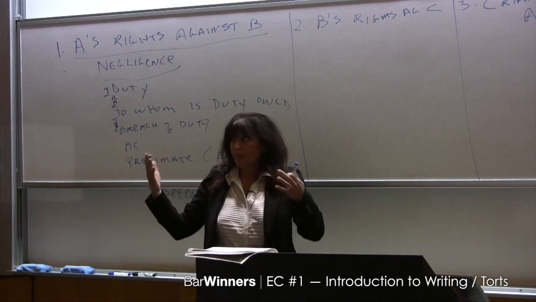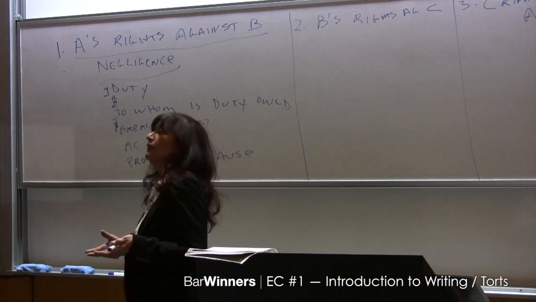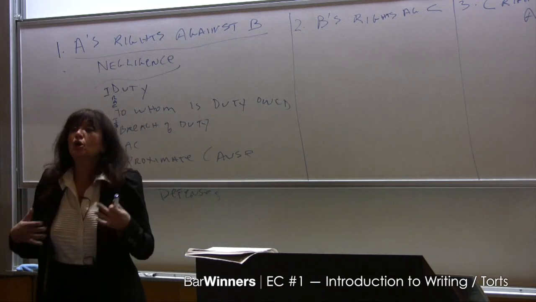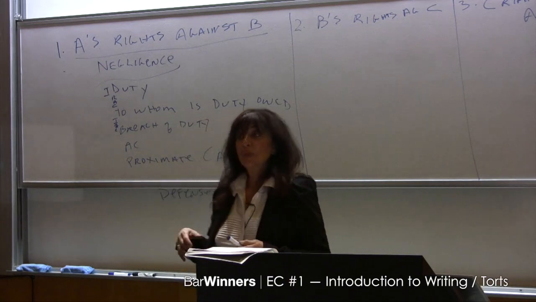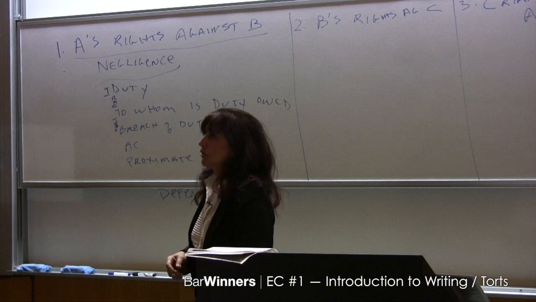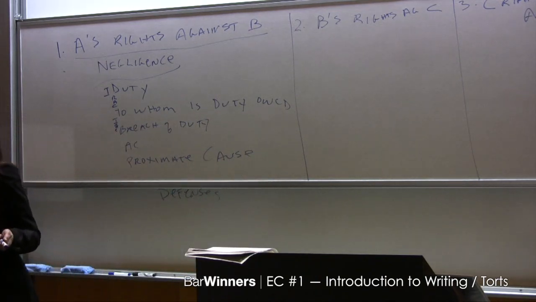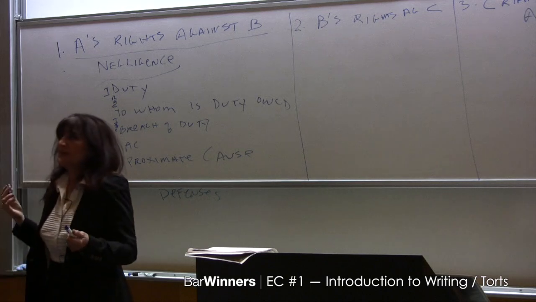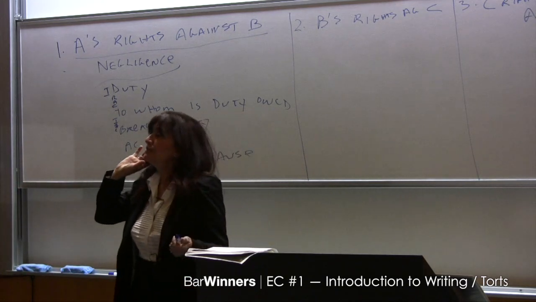You would say, battery requires the intentional, harmful or offensive touching of another without consent or privilege, causing damages. And then you would say, here, intent is whether there was a volitional act. Here, A threw the battery at B, that shows intent. There was a harmful or offensive touching because it hit B in the face and scratched him.